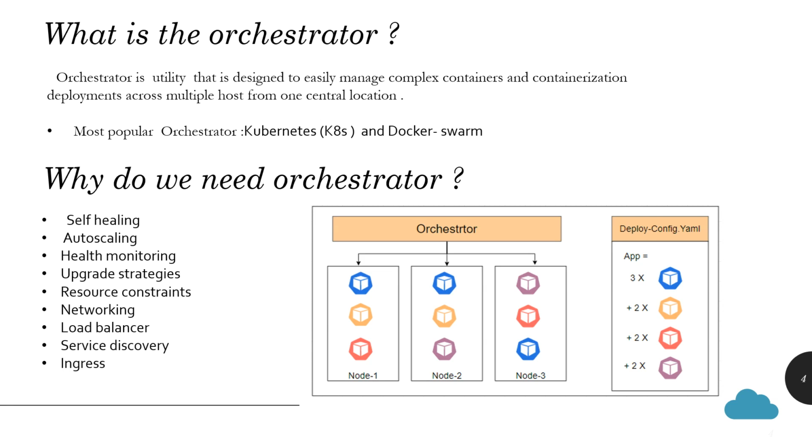Before going to Azure Kubernetes Service, I don't know how many people are aware of orchestrators and Kubernetes. So I will give a brief introduction: what the components in Kubernetes are and how Kubernetes works. Then we can go to Azure Kubernetes Service.